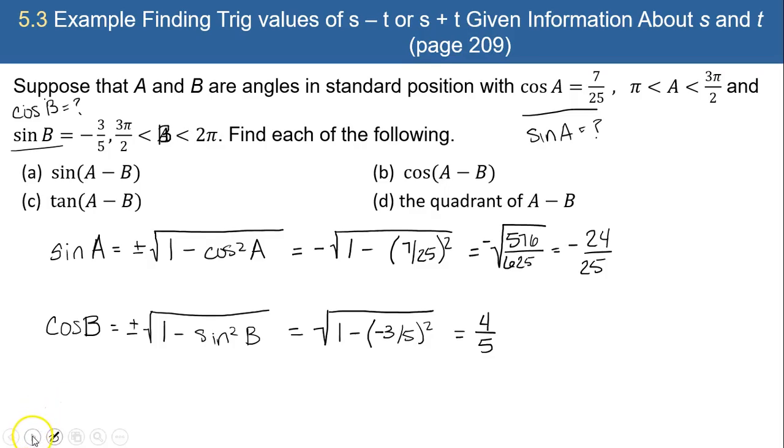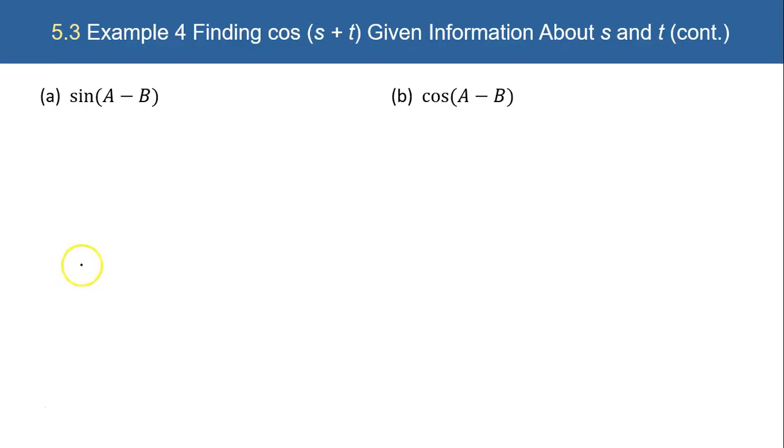Okay, so let's take a look at the next page now and figure these problems out. So sine of A minus B. I'm going to write out that difference identity.